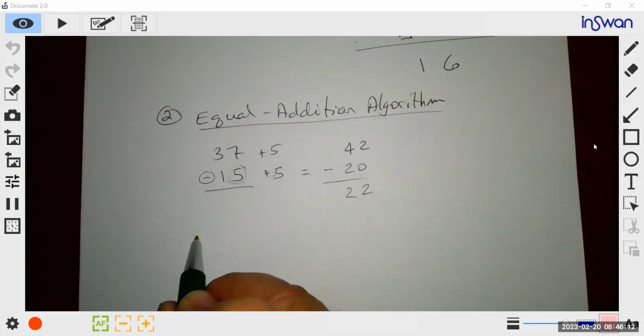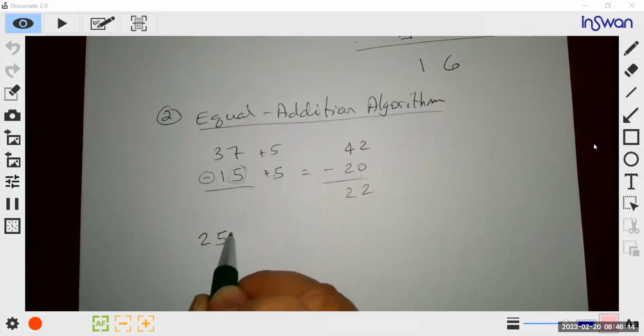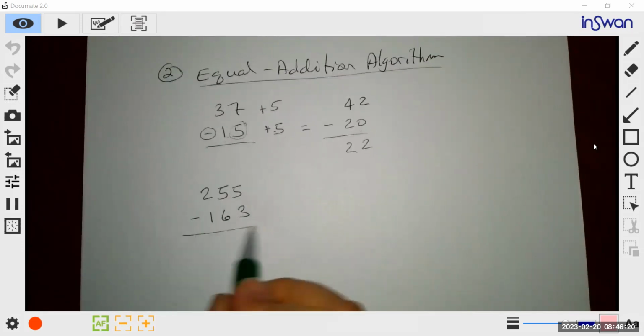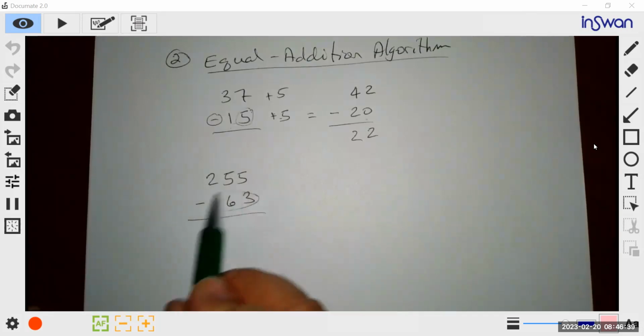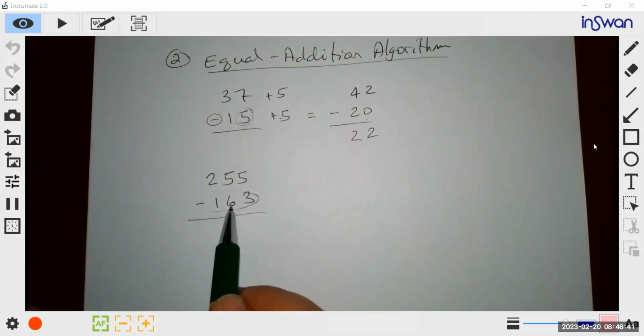It also works with bigger numbers. 255 minus 163. Let's look at these. Again, look at the bottom number. The first thing we can do is try to get it to be 170.